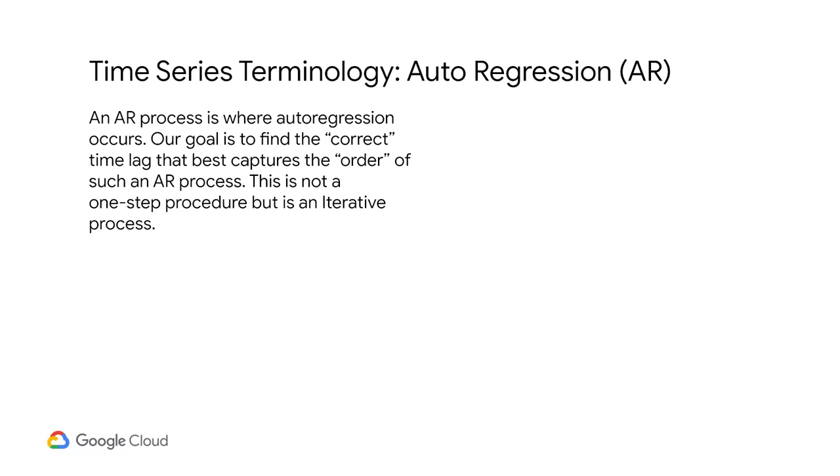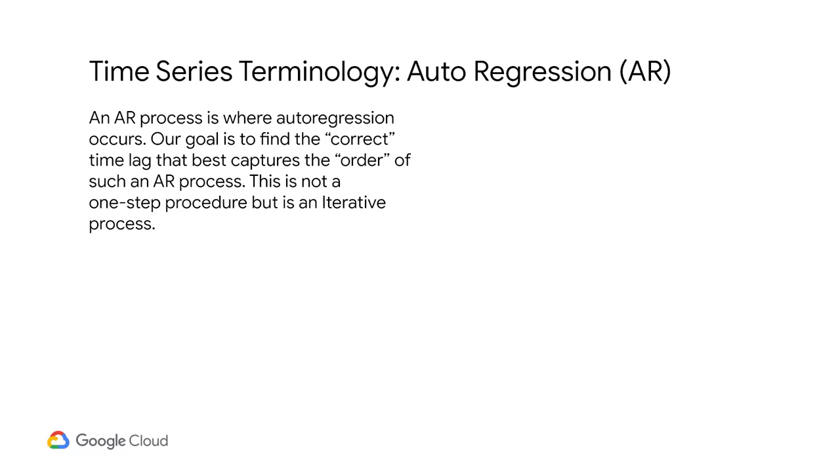In ARIMA modeling, we will start by using an order of lag to regress. We can gain insight from our autocorrelation plot. If we get a sense of the autocorrelation, an AR process is where autoregression occurs. Our goal is to find the correct time lag that best captures the order of such an AR process. This is not a one-step procedure, but is an iterative process.